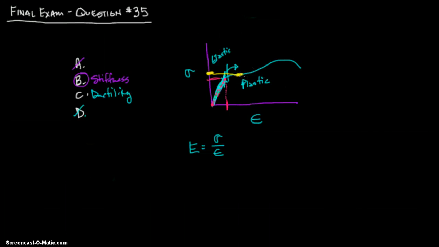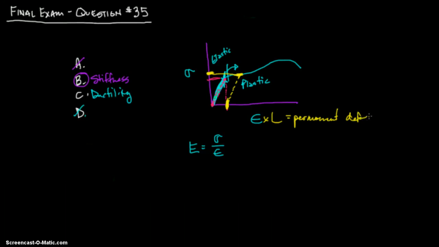It's elongated, and then you let go of that stress. It's going to follow that same ratio down, and the permanent strain or elongation is going to be your permanent deformation. I hope that makes sense.